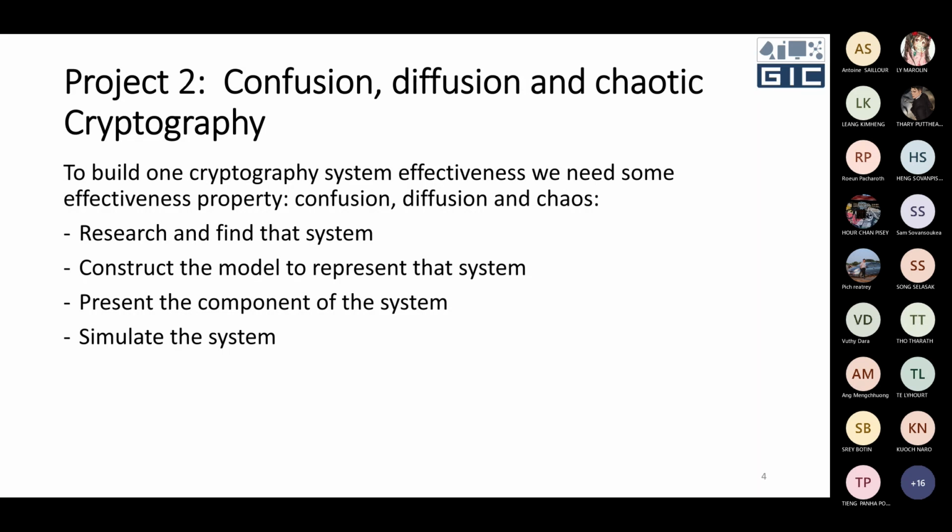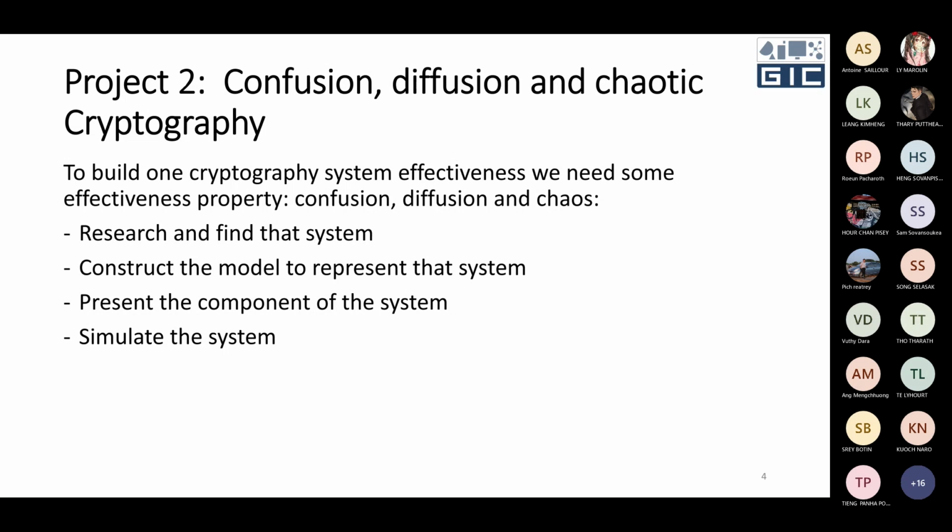So when you select one system, construct a model that can represent your system. For example, my system at the moment is constructed using one equation. I have only one mathematical equation that can represent my system, and to produce the nonlinear function, I use confusion and diffusion chaos.